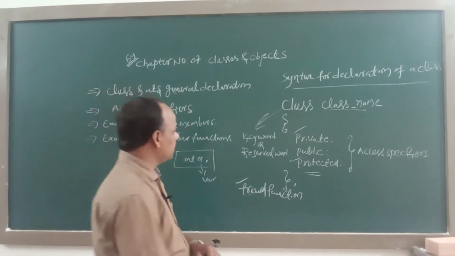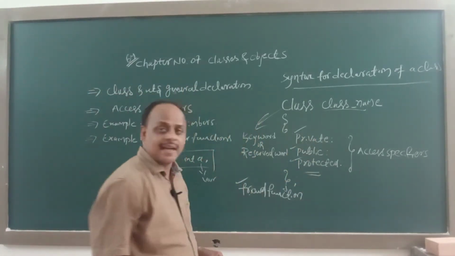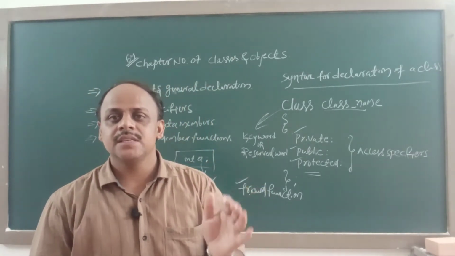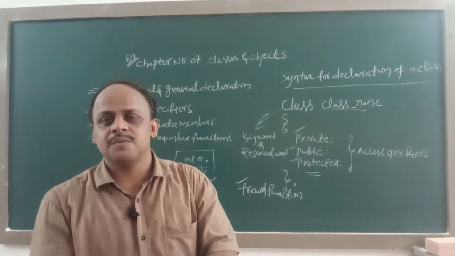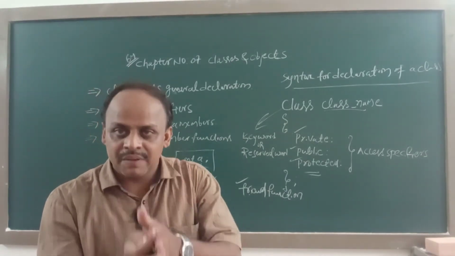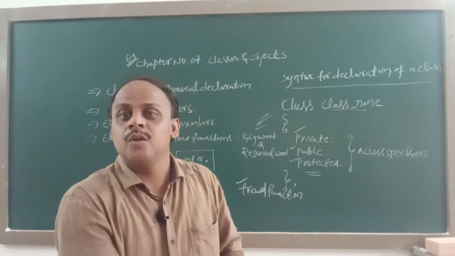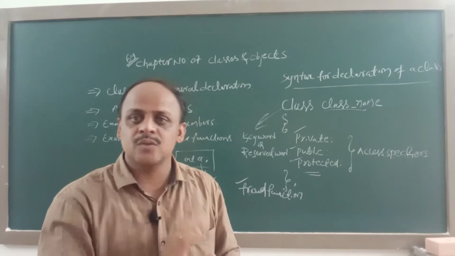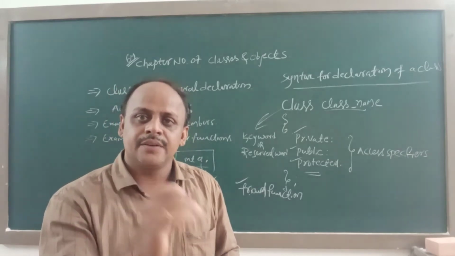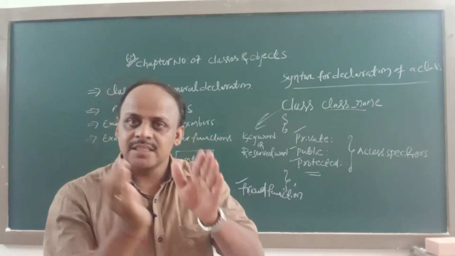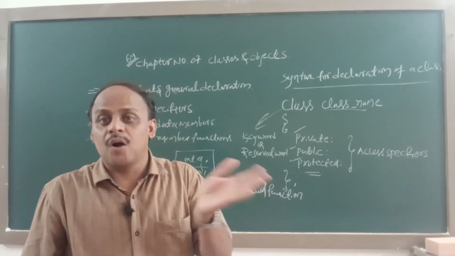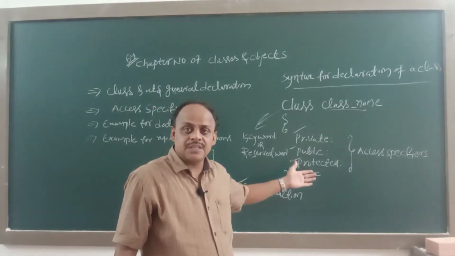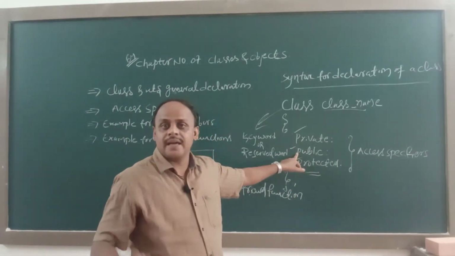And the last thing, public. What happens if the access specifier is public? Means class contains data members, member functions. Those data member functions are written under public. What happens? If they are written under private, they can be accessed inside the class only. If they are written under protected, they are accessed inside the class only but accessed outside with the help of friend function only. If data member functions are written under public, what happens?